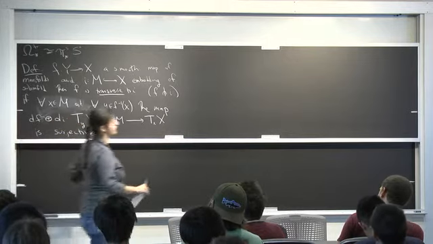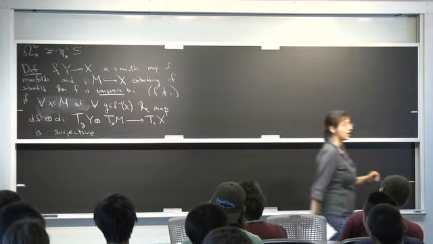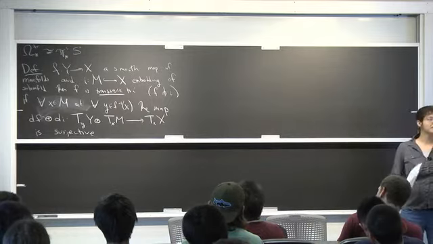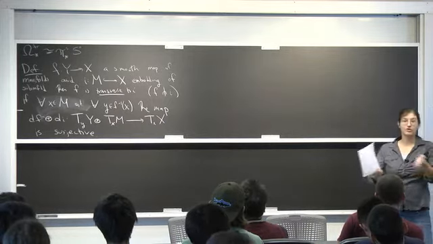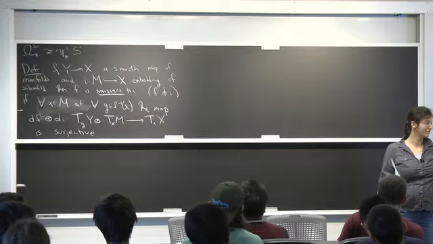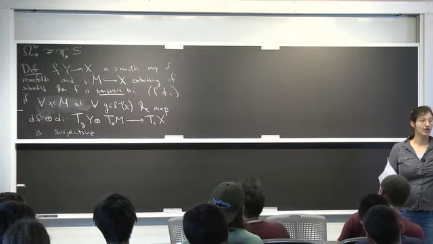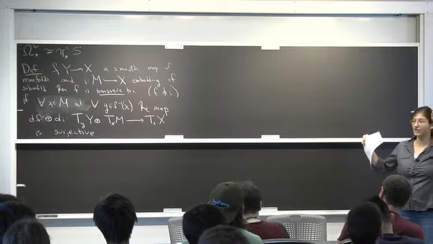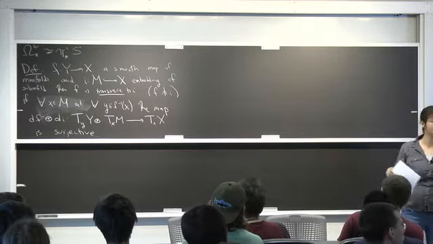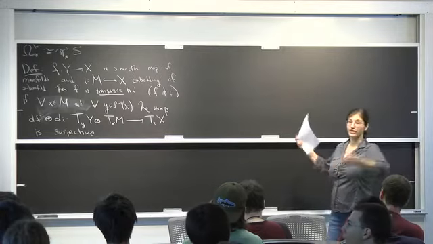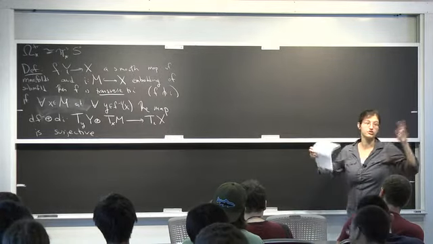So that's what transversality means. But morally speaking, it means you're not tangent to things. Your preimage is going to have the right dimensions, like things are going to work out in the general position case rather than the crazy things are happening case. So this is a differential version of things being in general position or things being a generic point.